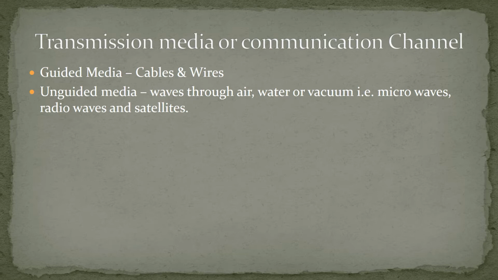The media are of two types: the guided media, which contains wires and cables, and the unguided media, that is through air, in which the signals penetrate from one place to another through air, water or vacuum in the form of microwaves, radio waves and satellites.